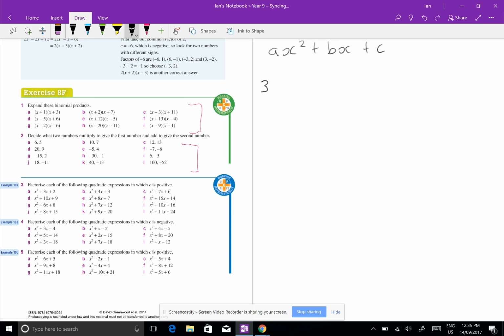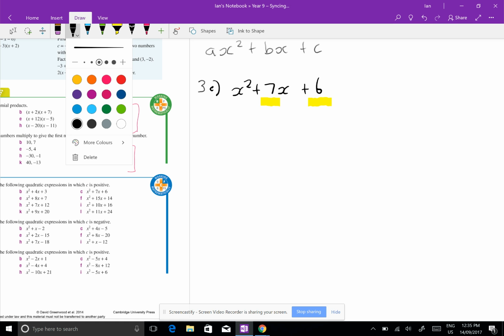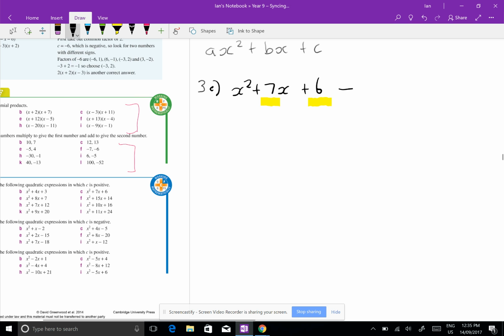So this is 3c. I've got x squared plus 7x plus 6. Now, this number is my product, and this number is my sum. Now, I have to find two numbers. It's going to be x and x, and they multiply out to positive 6 and add up to positive 7.